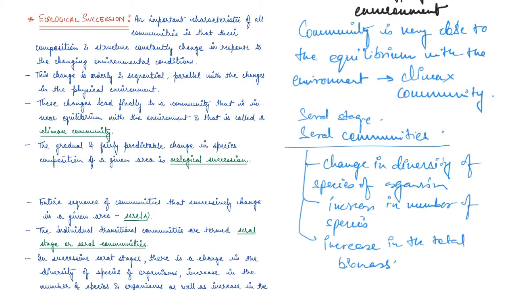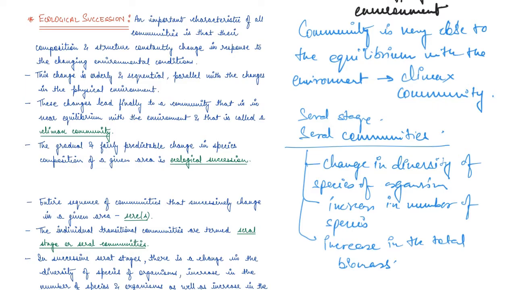So succession is a process that starts in an area where no living organisms are there, like, say, bare rocks. It somehow lost all the living organisms that existed there.